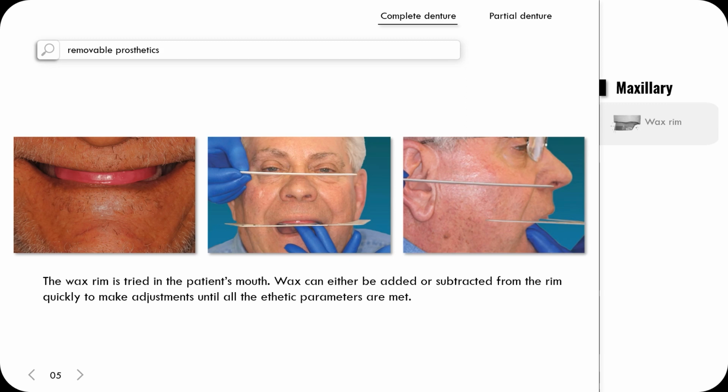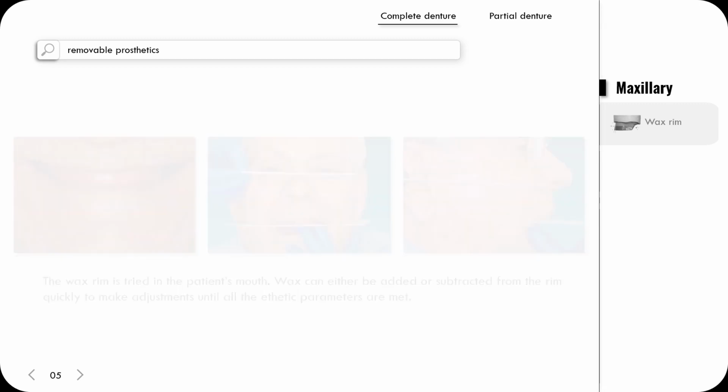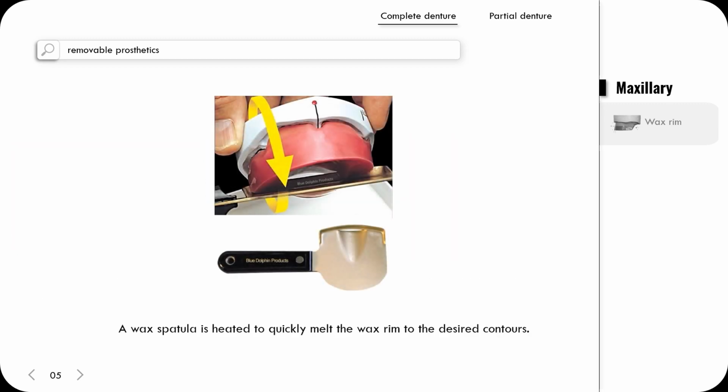So this wax rim, since it's made out of wax, you can very easily subtract from it. One way to quickly subtract wax is you can heat up this wax spatula, and then you just place it onto the rim and it'll melt in a flat plane, so you can correct any discrepancies if things are uneven, or if you just need to quickly reduce the height of the wax there.